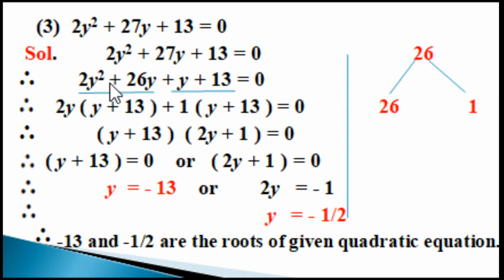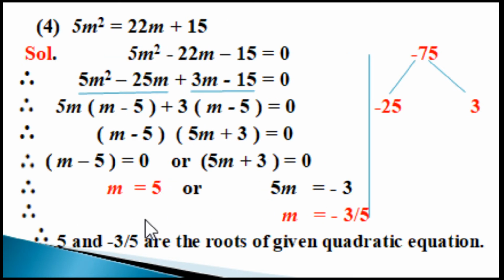Here common is 2y, so y plus 13 remains in one bracket. Here common is 1, y plus 13 in another bracket. So y plus 13 is equal to 0 and 2y plus 1 is equal to 0. Therefore y is equal to minus 13 or 2y is equal to minus 1, y is equal to minus 1 upon 2. So we get two roots, minus 13 and minus 1 upon 2.